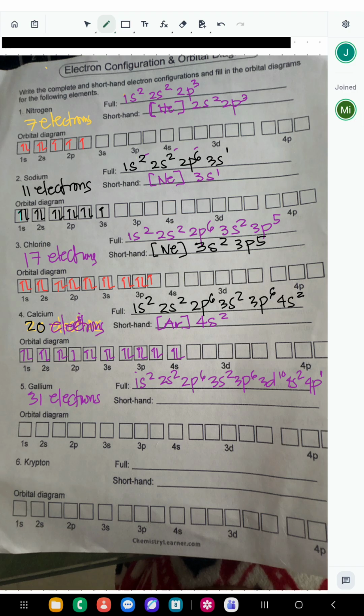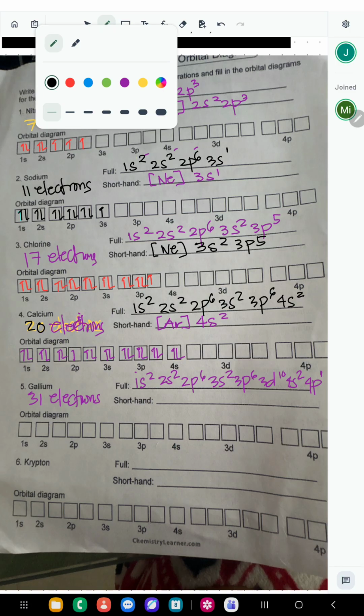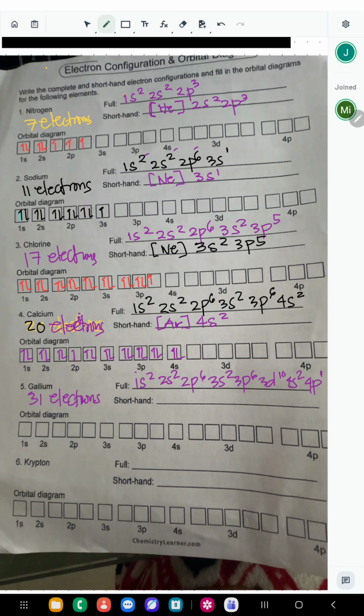Okay, so what is the closest noble gas to gallium? Argon. So we will put argon in a bracket. Then how many electrons does argon have? 18.